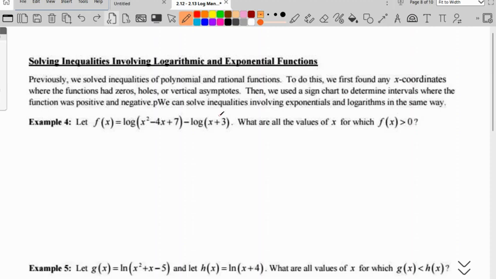Okay, so when I look at each part of this, what are my restrictions? So we know that x plus 3 has to be greater than 0, which means x has to be greater than -3. Sorry, I shouldn't skip any steps while y'all are new at this. So that -3 is going to be one of our numbers.